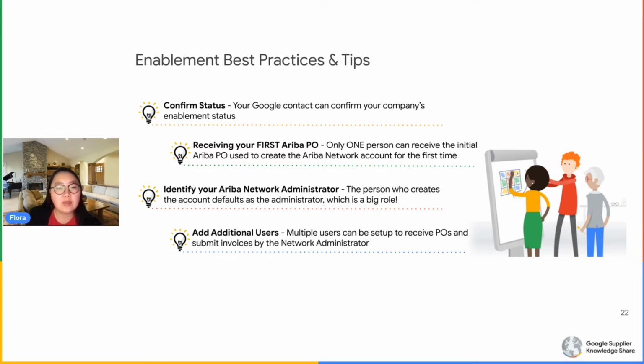During the demo, I'll also show you how to find the admin and how to change the admin. And also, if you want to add additional users to view the PO and to submit invoices, there's also an option in the settings. I'll demo in a few minutes how to add additional users within your organization.